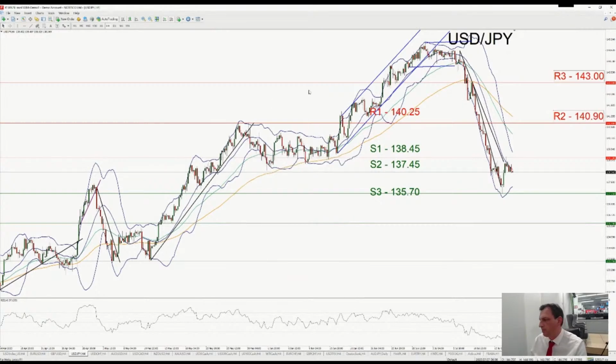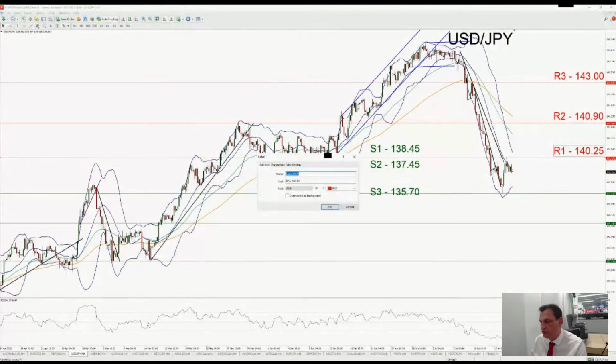Now, the elements here which are in play are definitely the initiative on the US dollar side. But I would be noting on a more fundamental level also the ongoing rumors about a possible tweak of BOJ's dovish monetary policy settings.